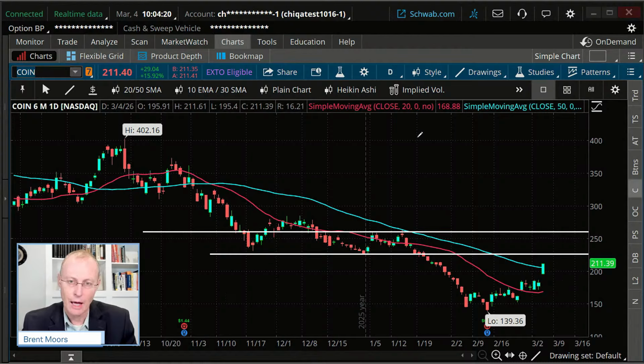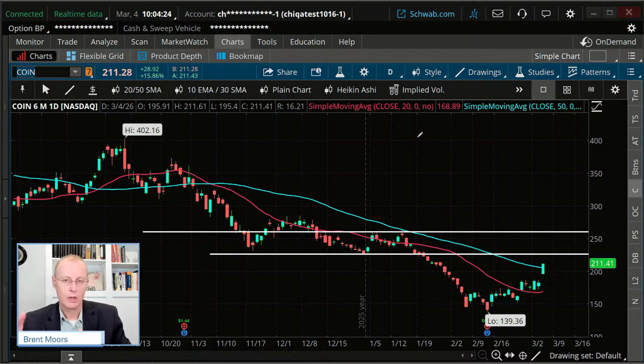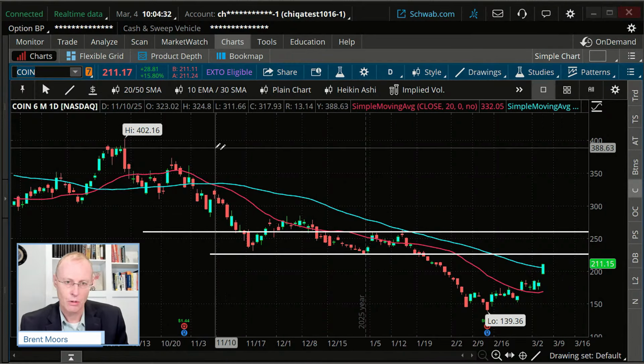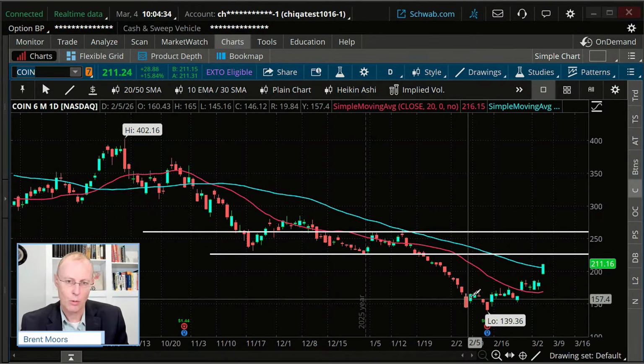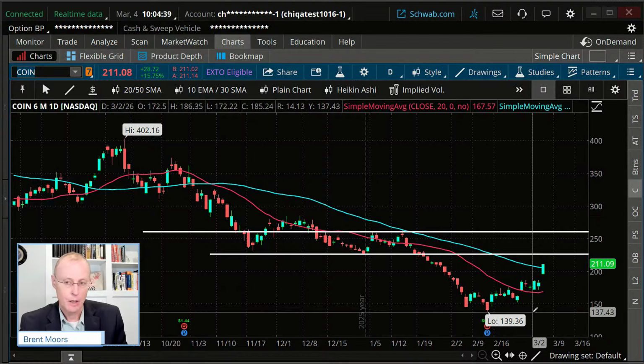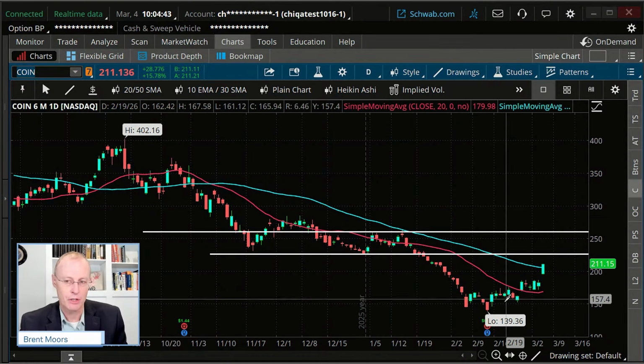But for a lot of traders who want some kind of exposure to the crypto market, we'll look at Coinbase. And of course, for crypto, we could look at a chart of Bitcoin. I'm not going to, but it's had quite a tumble, and Coinbase, right in line with that, has tumbled. It looks like it's maybe reversing course here.